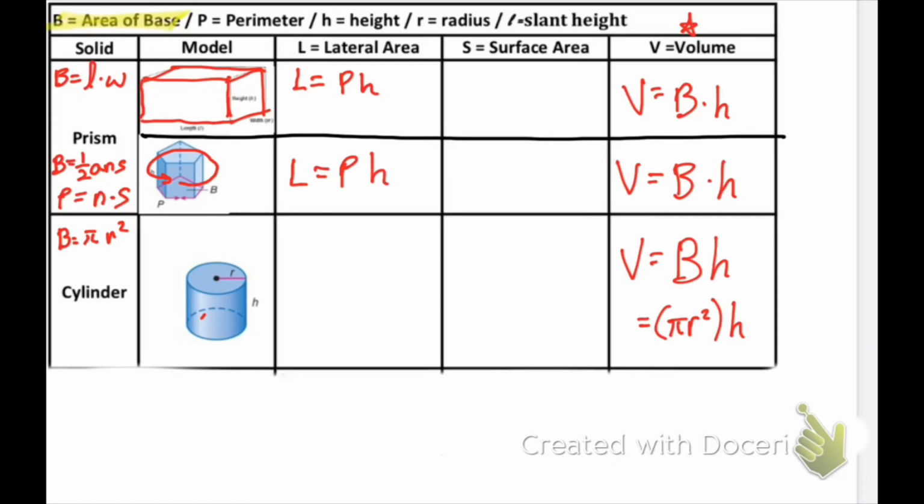Now the easy way to calculate the perimeter, if you're not sure, just add up the sides of the base. There you go.